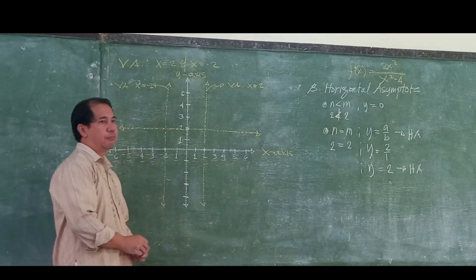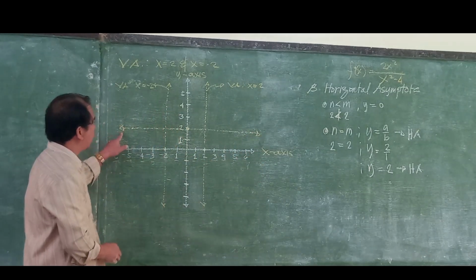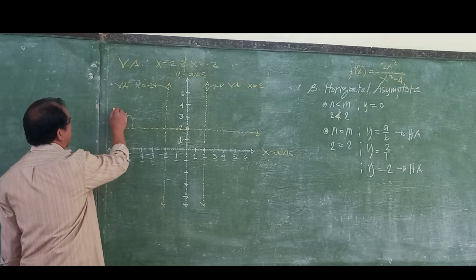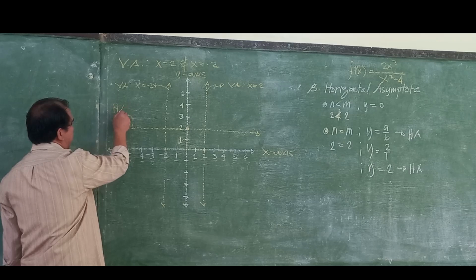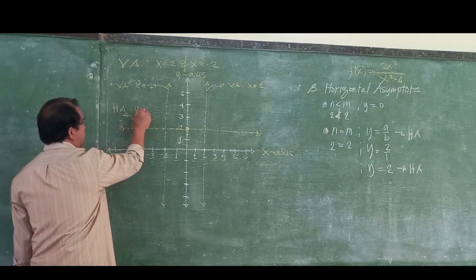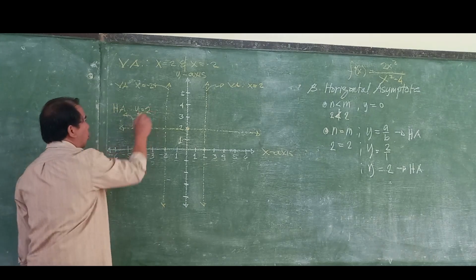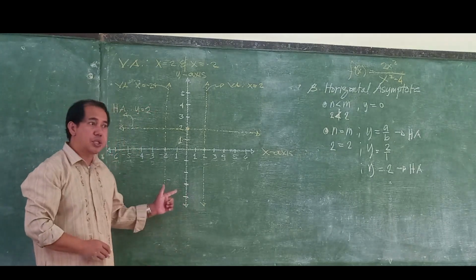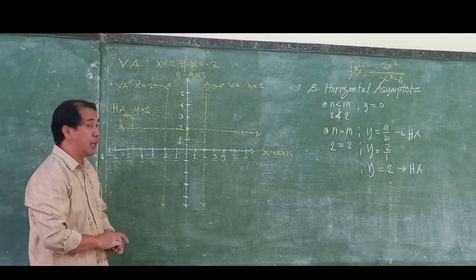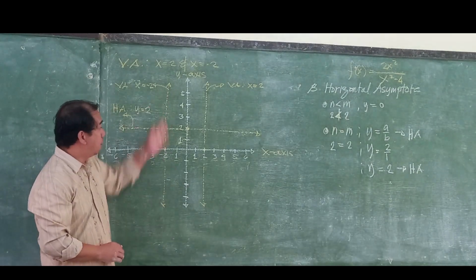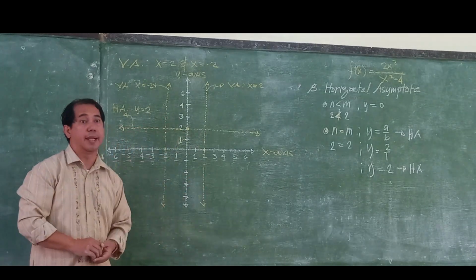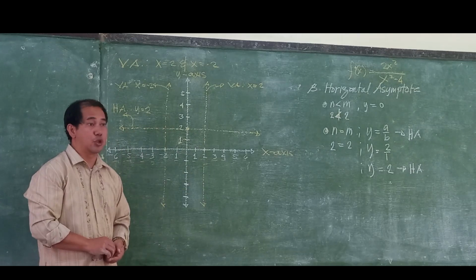Do you follow? Let's mark this as the horizontal asymptote, HA, which is y equals 2. So these are the asymptotes. How many asymptotes do we have? We have 3 asymptotes, 2 for the vertical, 1 for the horizontal.